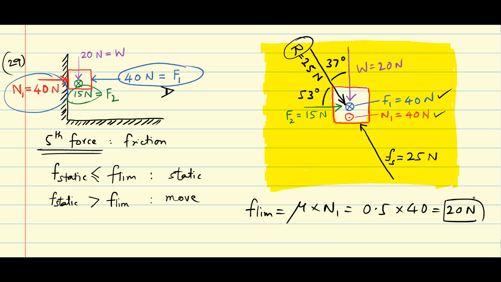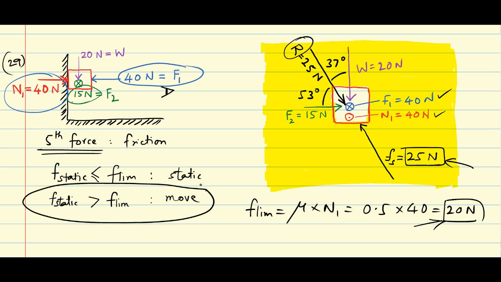Now you compare 20 newtons with the required static frictional force of 25 newtons, and you immediately realize that you require more static friction than you can possibly get. You can get up to 20 newtons and you require 25 newtons. So in other words, the required static frictional force is greater than the limiting friction.